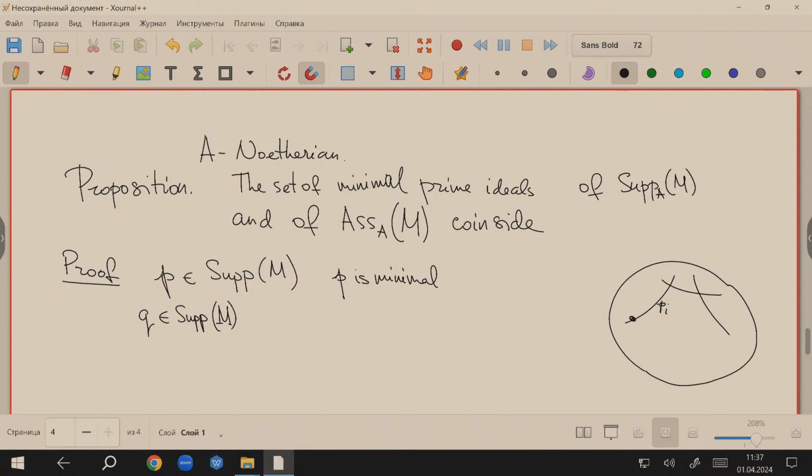Yes, Q intersection with A without P is not empty. Or Q is contained in P.